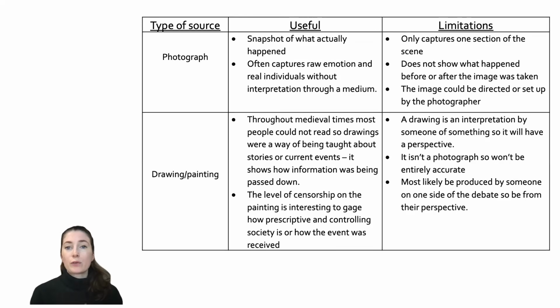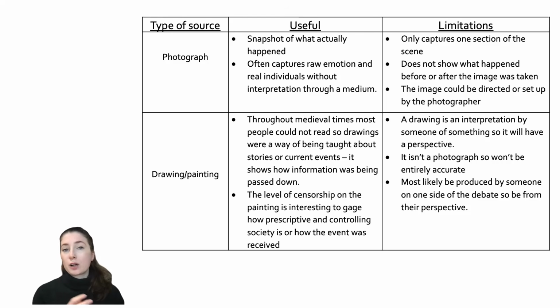But here, for example, I've got some points about photographs and points about drawings or paintings. So in any exam question, if I couldn't think of anything else, I can just say, well, the drawing is useful. The fact that it's a drawing makes it useful because it's the way that at the time they would have presented current events. It shows that this information has been passed down, that this artist has specifically selected these events to portray in this particular way.